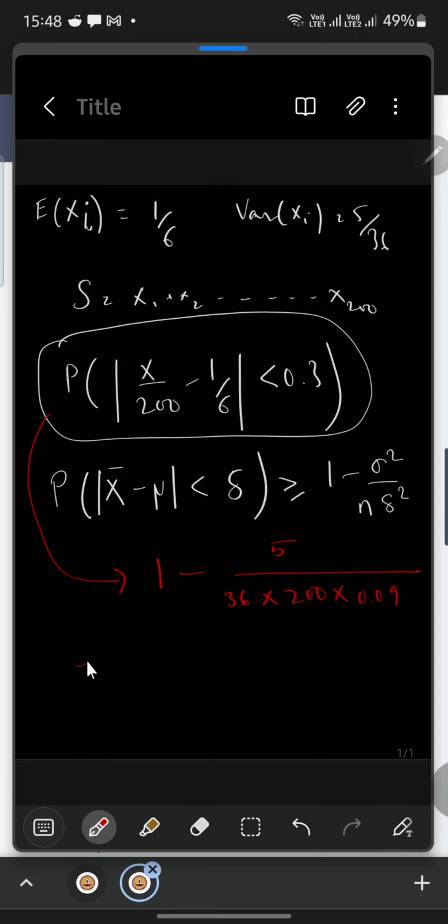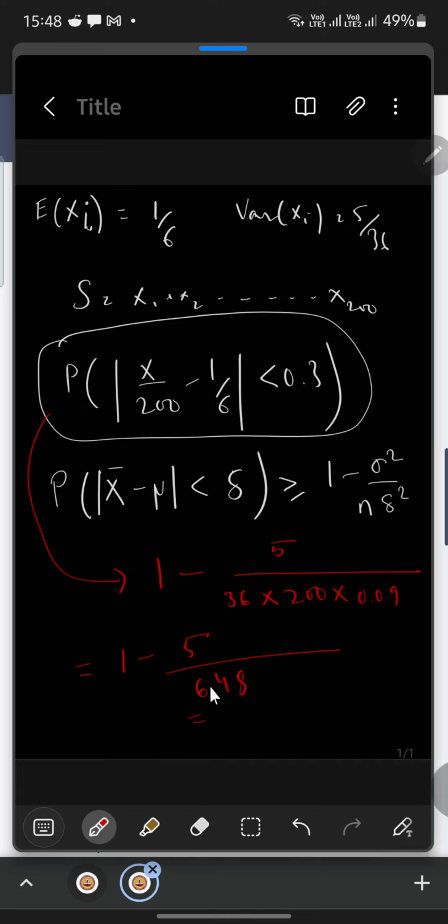Perfect. Further calculating, we get 1 minus 5 by, let me calculate it, 36 into 200 into 0.09, which is 648. So 5 by 648.